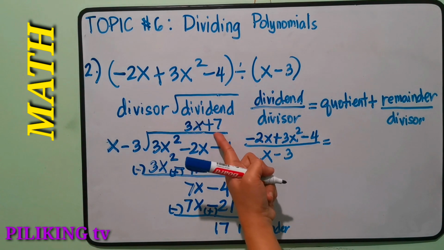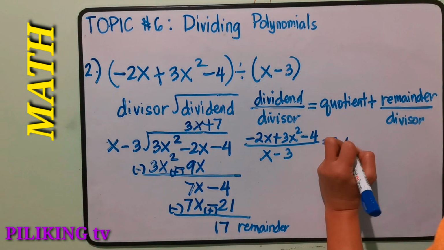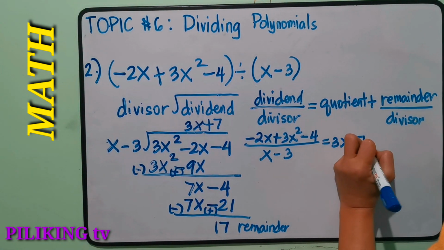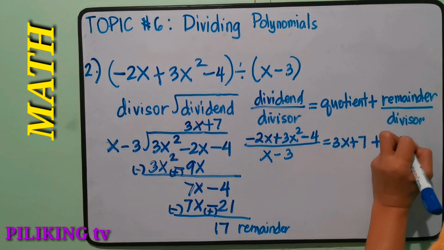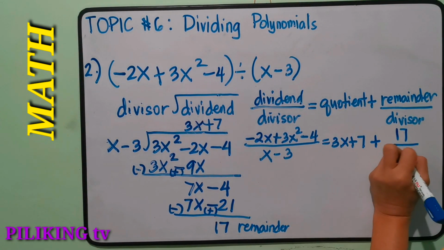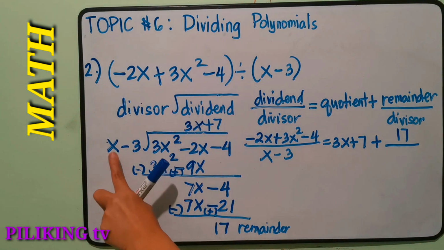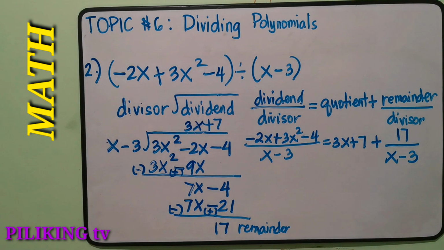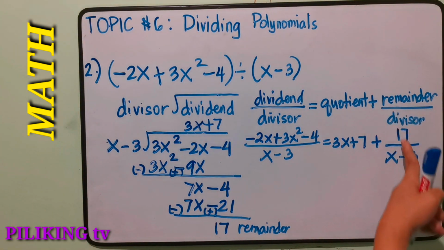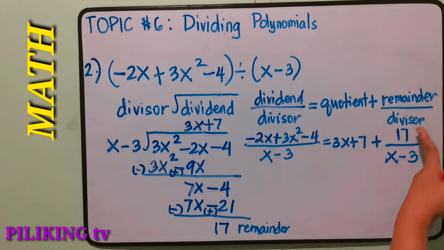We have 3x plus 7. 3x plus 7 plus our remainder is 17. So plus 17 over our divisor is x minus 3. Okay? So this will be the result. So it should always be in the form of quotient plus remainder over the divisor.